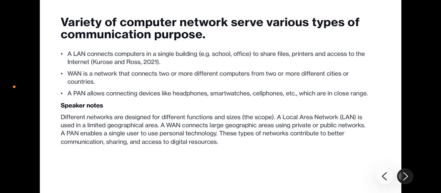A WAN is a network that connects two or more computers from different cities or countries. A PAN allows connecting devices like headphones, smartwatches, and cell phones, which are close range. Different networks are designed for different functions and sizes.